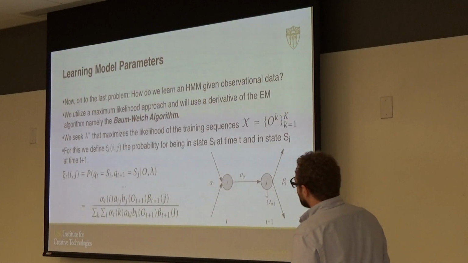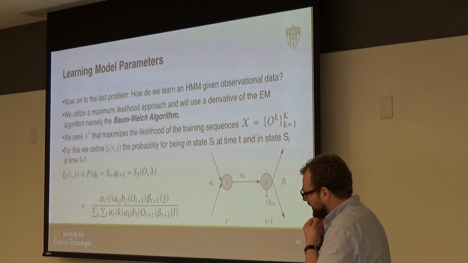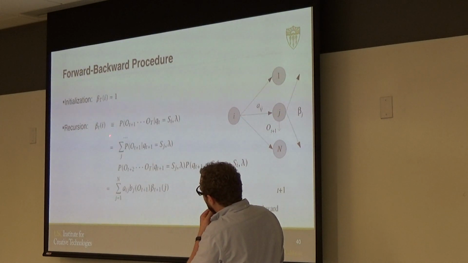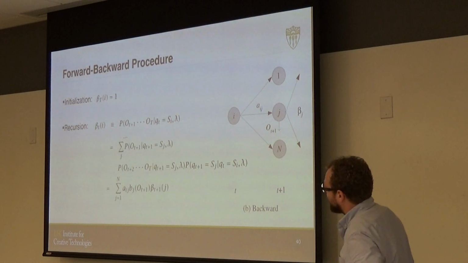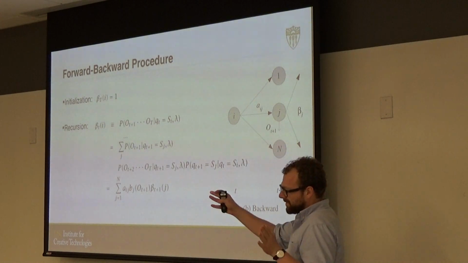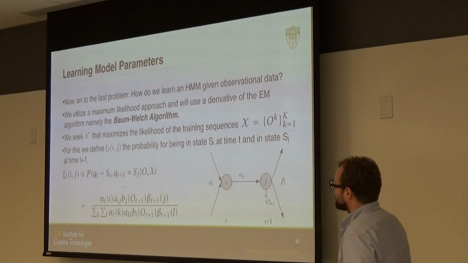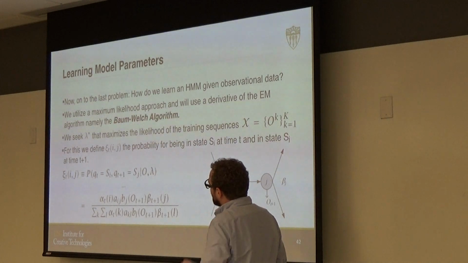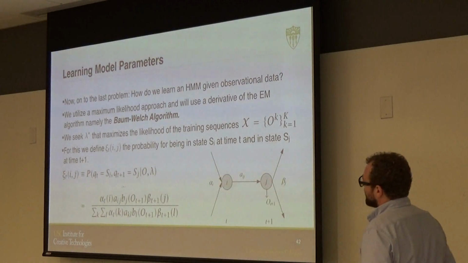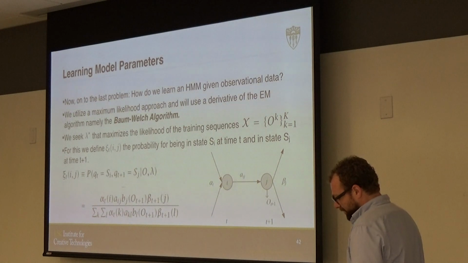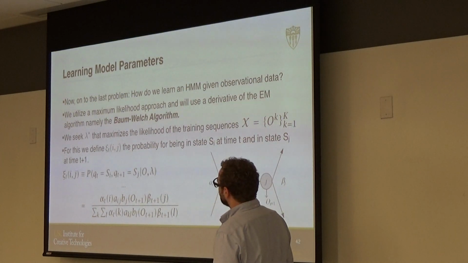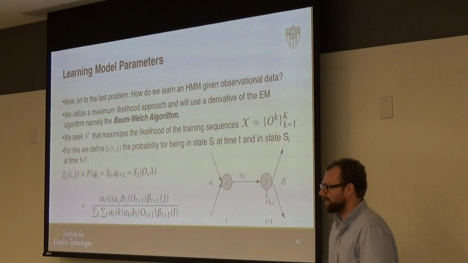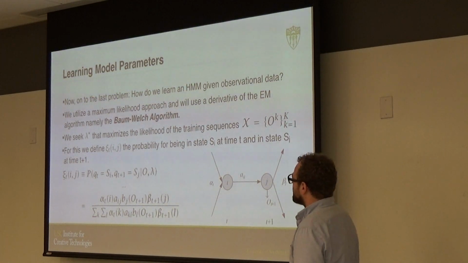Okay, and now, if we use the betas and the alphas, we can compute the probabilities of going through this network. If we want to learn the model parameters, we follow a new algorithm called the Baum-Welch algorithm, which is derived through the expectation maximization procedure.